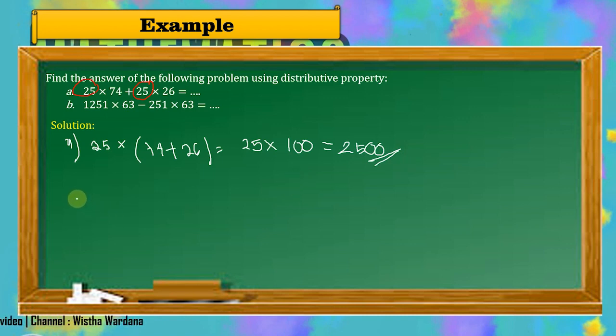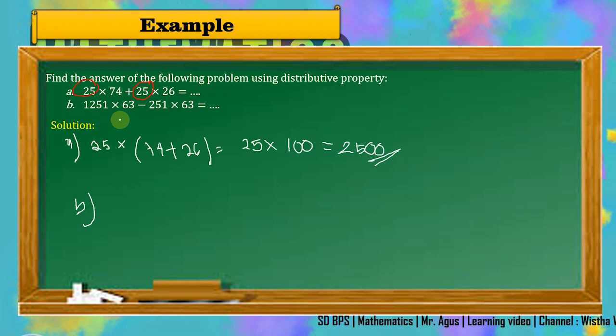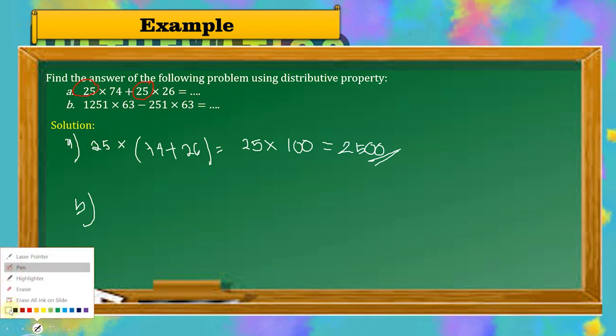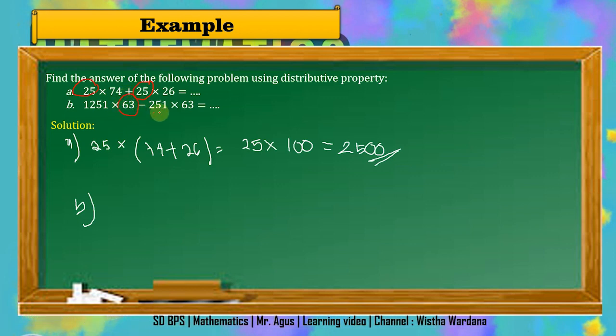Okay, if you're still confused about this one, let's check answer number B. Like I told you before, you have to check the number given in the question which uses the same number. In this case, we have 63.